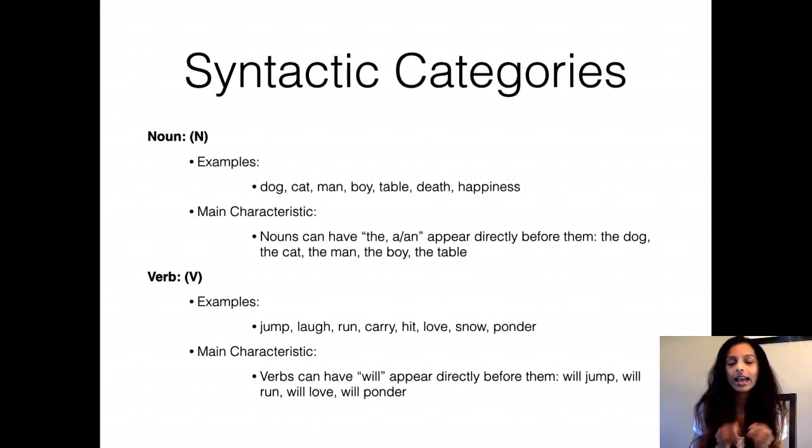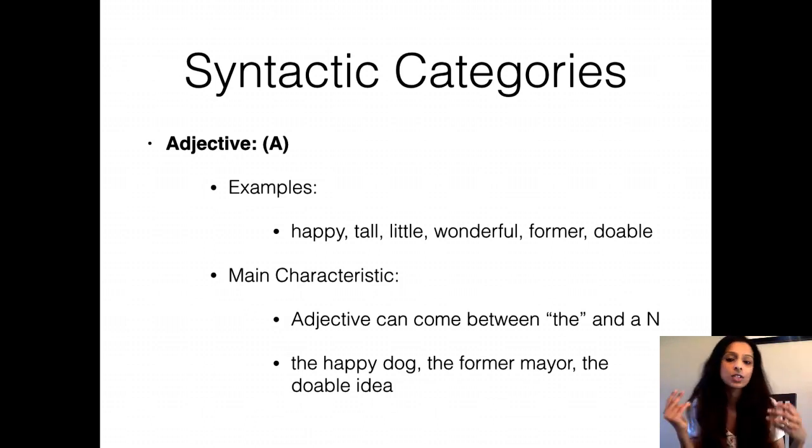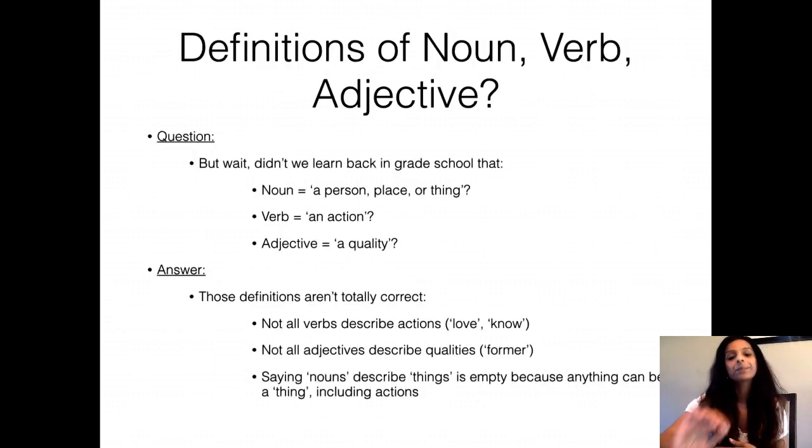So any noun can have a, and the in front of it. A verb can have an auxiliary verb or helping verb like will in front of it. And then we have adjectives that can come in between the determiner, a and the, and a noun, such as the happy dog, the doable idea, etc. Right? So these are the three main syntactic categories.